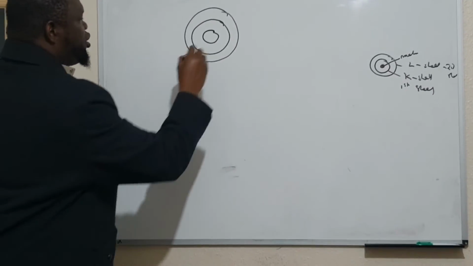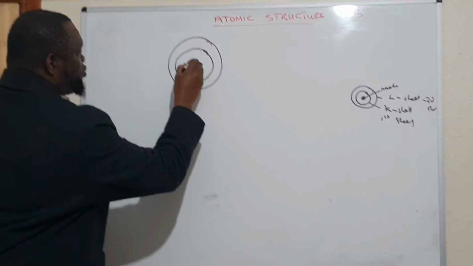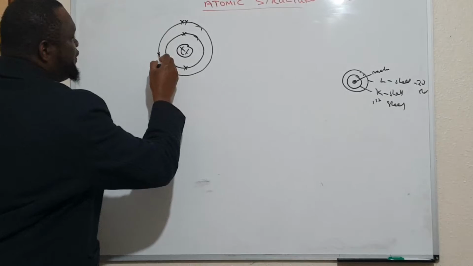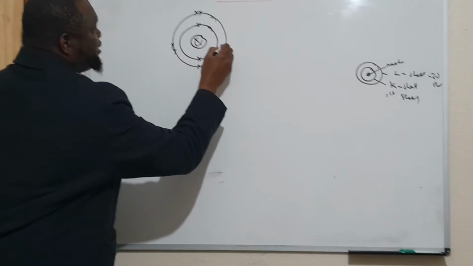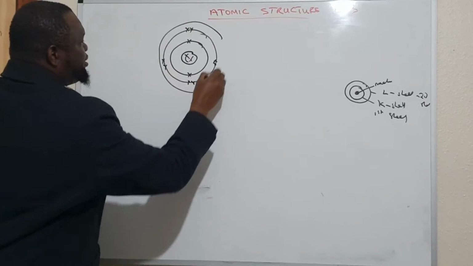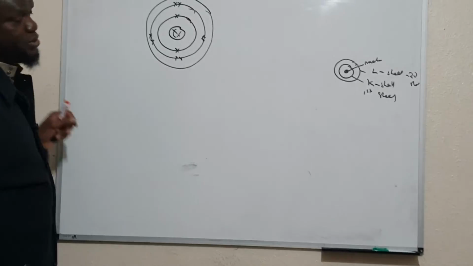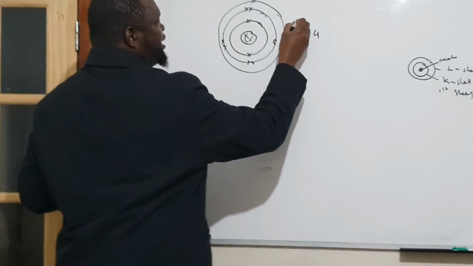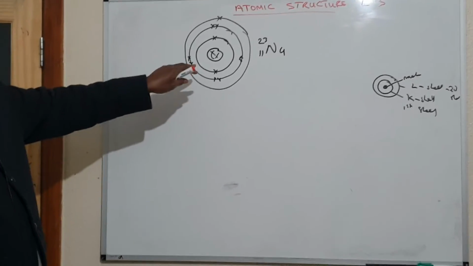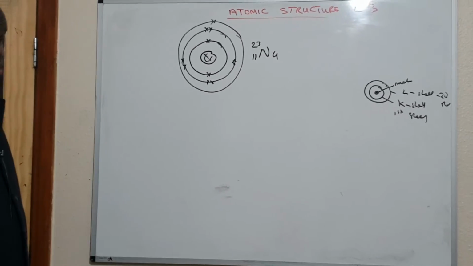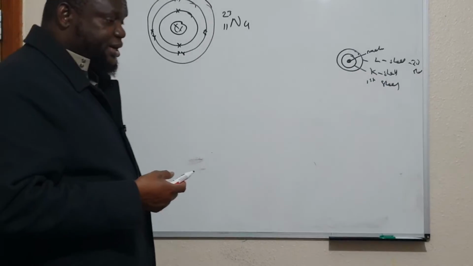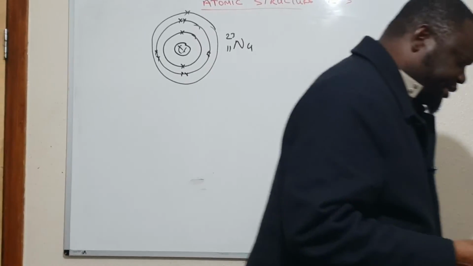Okay? So sodium will have 2. This is nucleus, isn't it? Yeah. Sodium has 2 here, 8 here, 8 here, and in the outermost cell you have 1 in it, because it's 11. Sodium, 11 here, 23 here. Now this is the atomic structure. But you can also do it in a different structure. Okay? That will be in numbers.